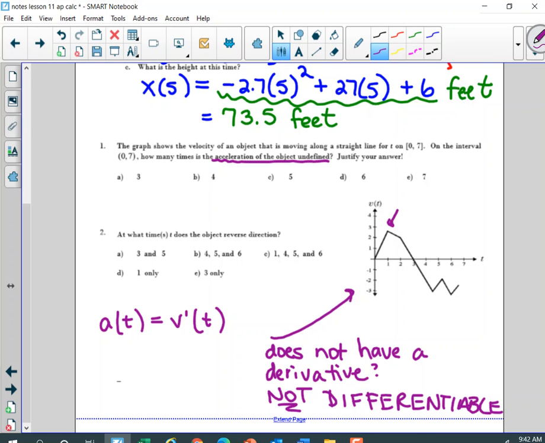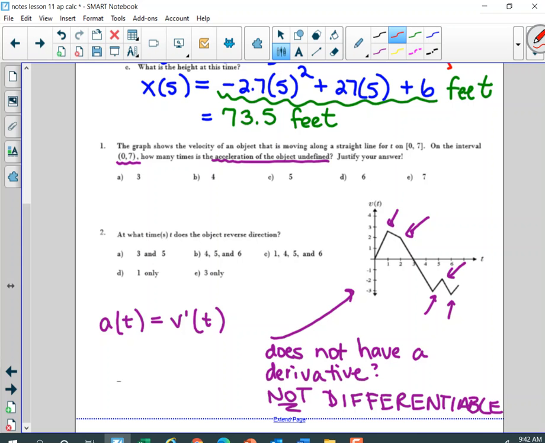The change in slope at 2 would be an issue. And then these pointy parts at 4, 5, and 6 are also issues. Notice that we are being asked on the open interval 0 to 7, so we're not having to think about the endpoints.